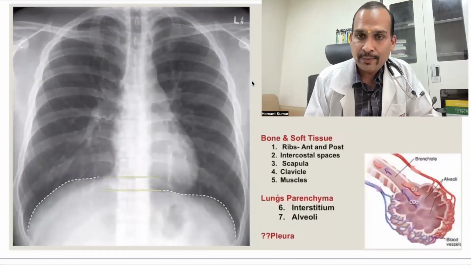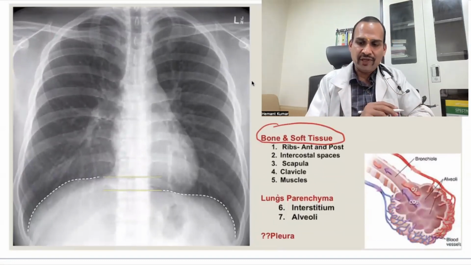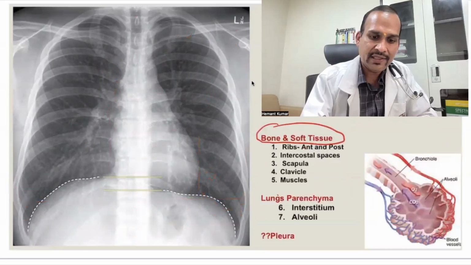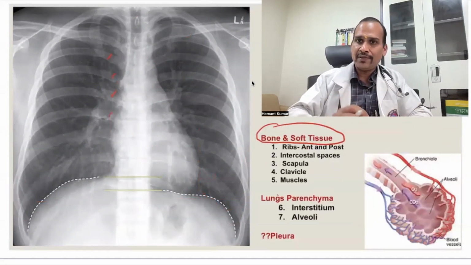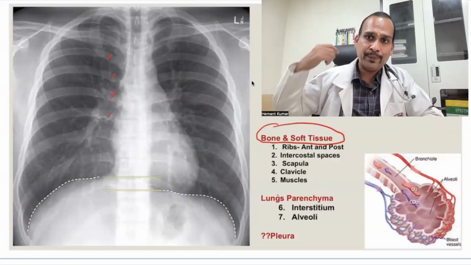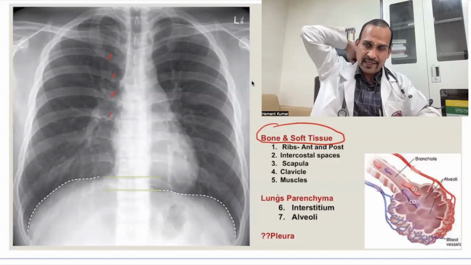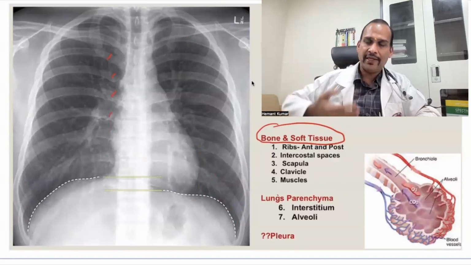Now the next thing is bone and soft tissue. What bones do we have to look for? Ribs. Ribs are anterior ribs and posterior ribs. In the first lecture, I told you that in a PA view, radiation comes from the back side to the anterior side, from posterior to anterior.